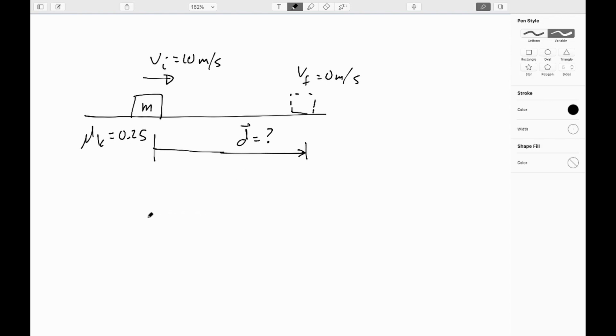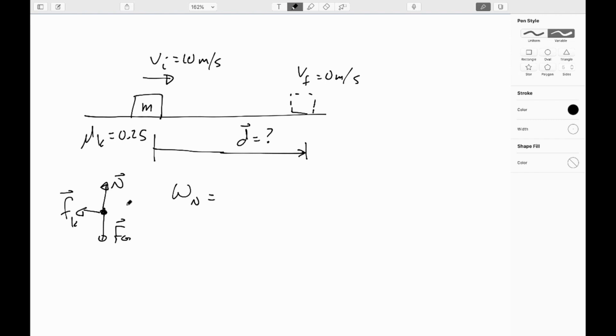Okie dokie. So to do this, we're going to have to do a little bit of dynamics. We can't completely escape Newton's second law, because if we just go ahead and go for the jugular on this, we can say, well, if I draw my free body diagram for this, I have the normal force up, I have gravity down, and I have kinetic friction opposing the motion. So if I figure out the work done by the normal force, that doesn't seem too bad.